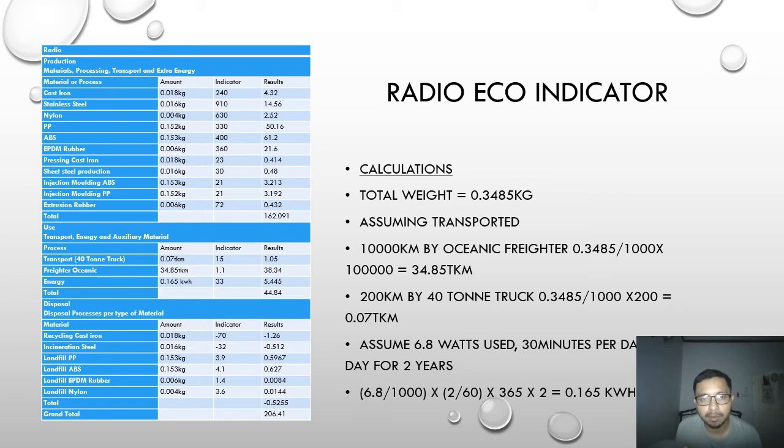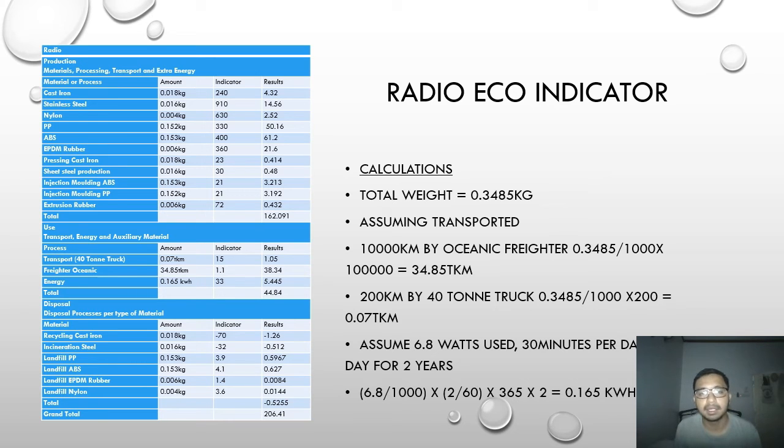For the radio, we have seen that we got 206.41, which we need to minimize to make it lower than 100, so our environmental impact is very low and we keep its sustainability very high. In this case, I have made a calculation assuming transportation and energy use.